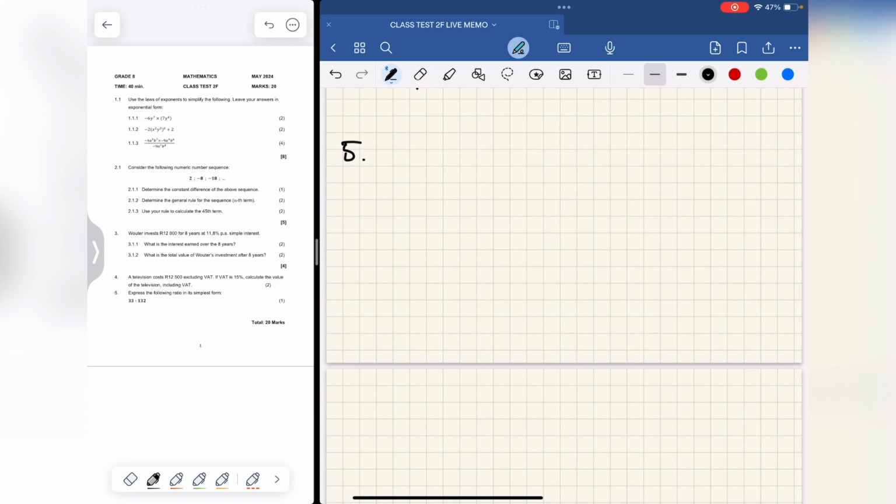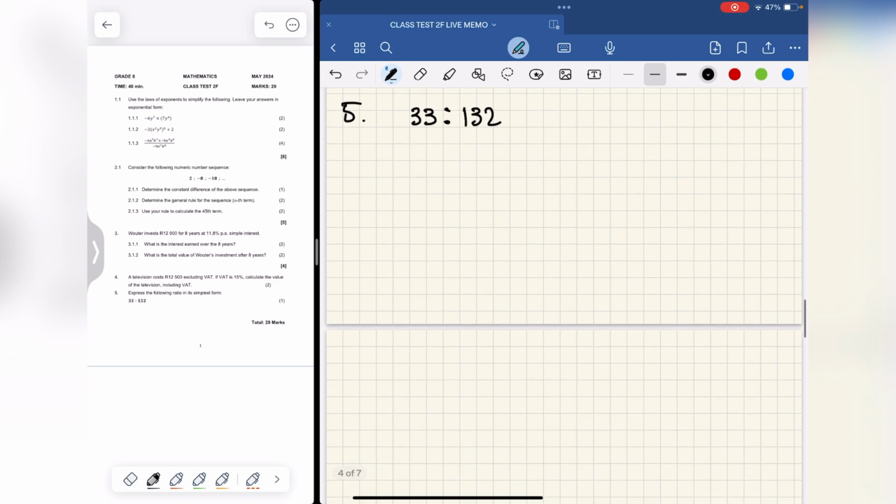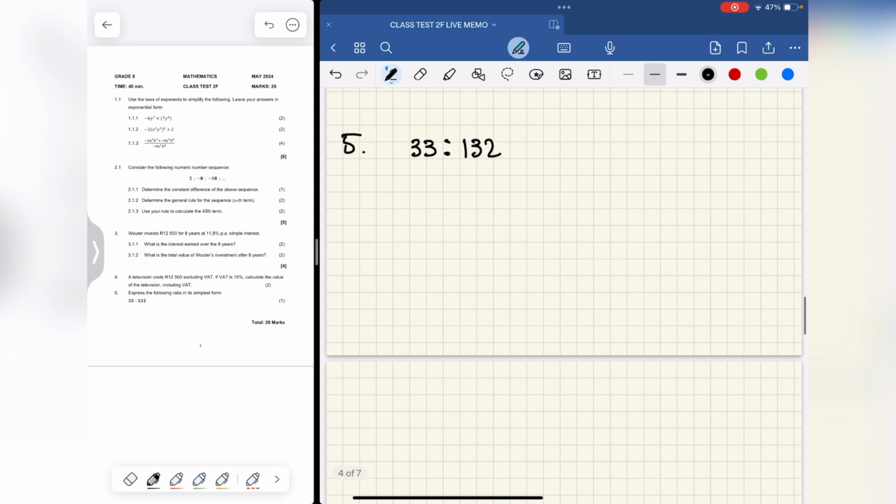Number 5, express the following ratio in its simplest form. We have 33 to 132. It is in fact divided by, but yeah. So we need to simplify this ratio, and we do that by finding the highest common factor and then dividing by it.